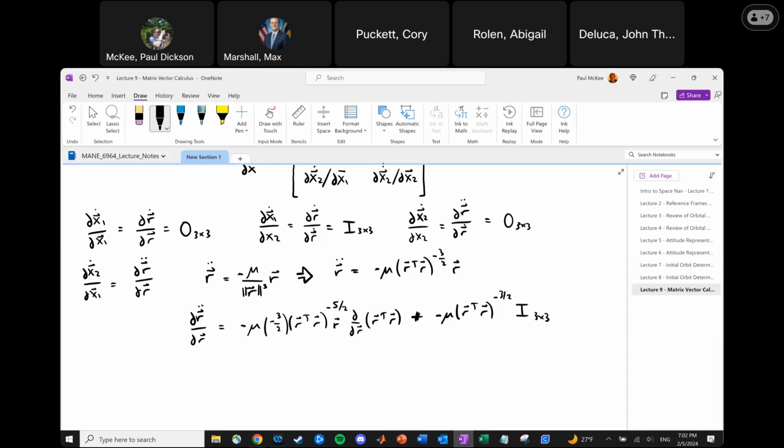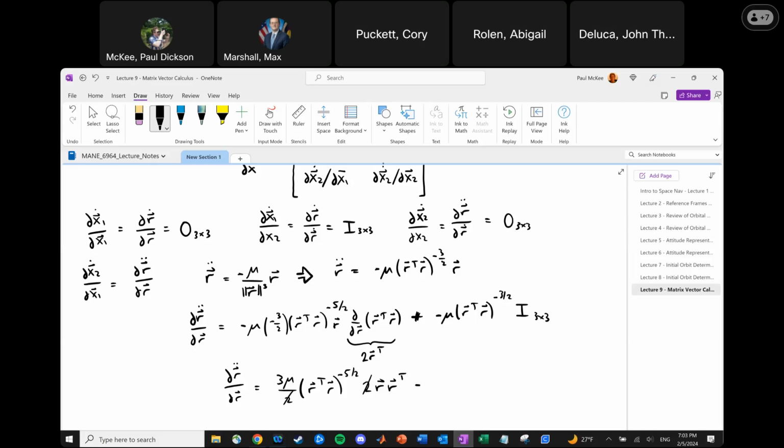Let's tidy this up a little bit. Remember that the derivative with respect to r of r transpose r is 2r transpose. So the derivative of r double dot with respect to r looks like this. Okay, we've got a negative, and those cancel out. So it's 3 mu over 2 r transpose r to the negative 5/2 power times, oh, can't forget our r from before, 2r r transpose, where this 2 now cancels out with this 2.